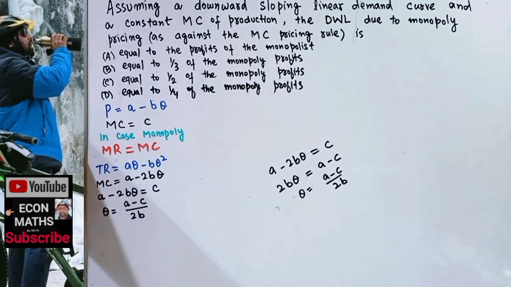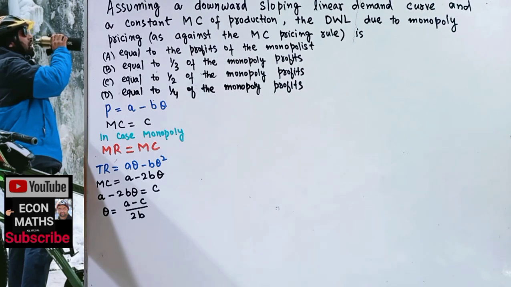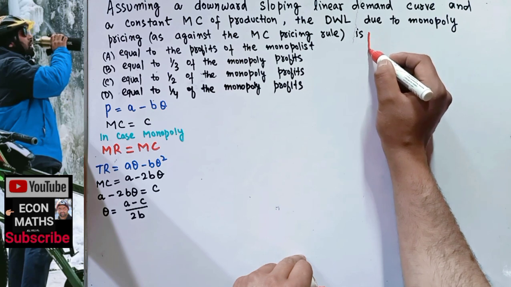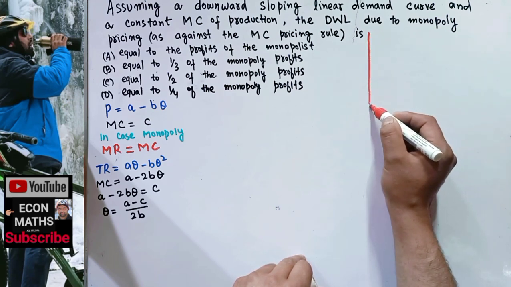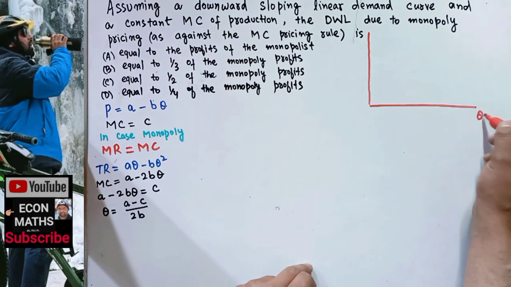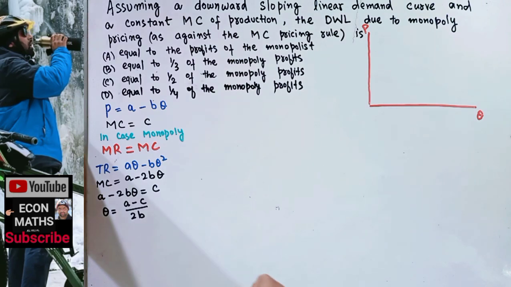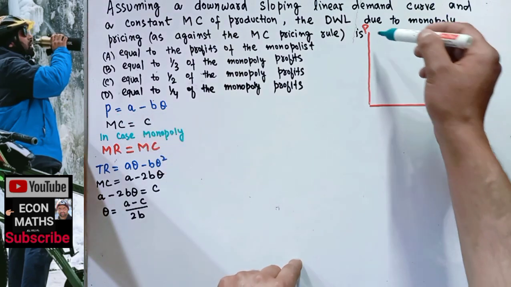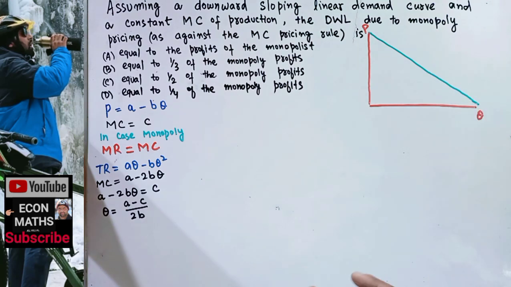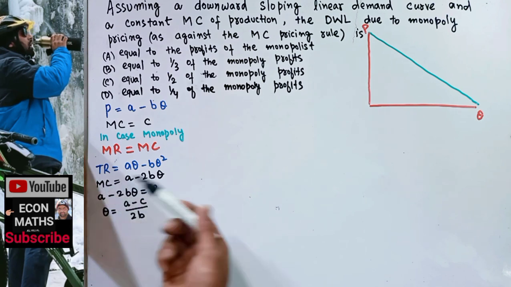It will be more plausible if I draw the graph side by side to make sense here. So we have quantity on the horizontal axis, price on the vertical axis. We have this demand curve. This is our average revenue curve, which is our demand curve, and this is our marginal revenue curve.